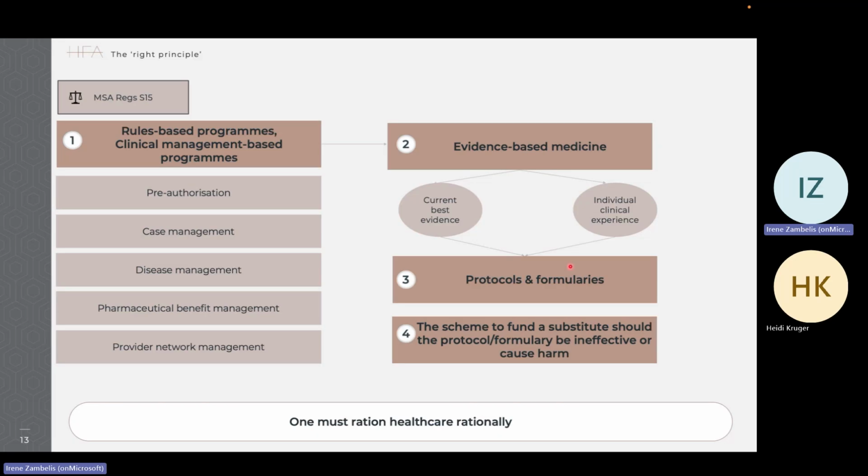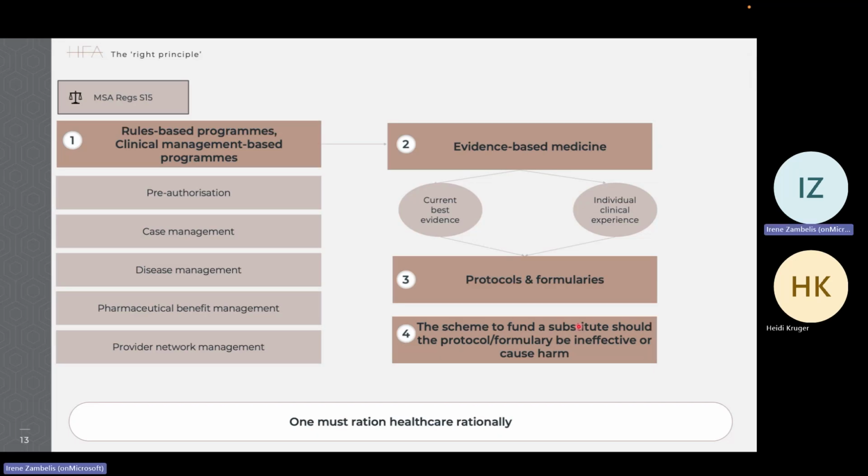But this is where the individual clinical experience of the attending doctor becomes important, because what this means is, should the protocol or formulary not work or cause harm, then the scheme must fund a substitute in full.